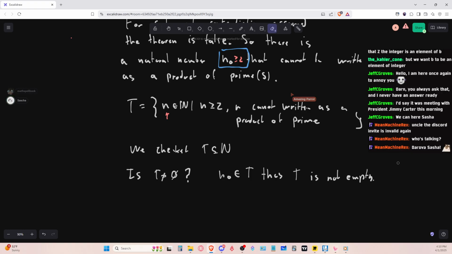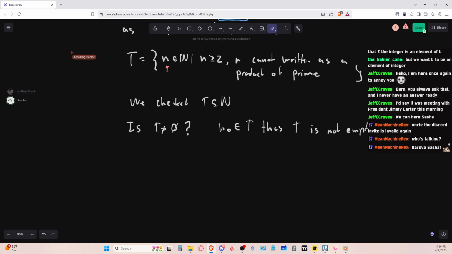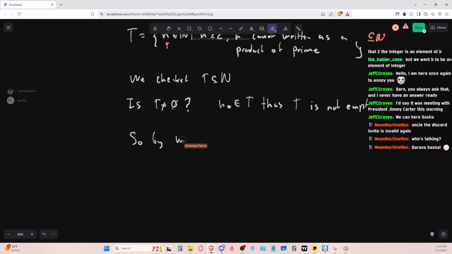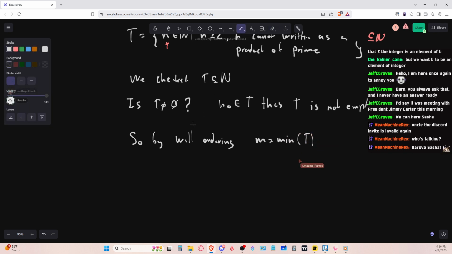Okay. So now that we established that T is a subset of the natural numbers and it's not empty, we can apply the well ordering of the natural numbers. By well ordering, T must admit some minimum, which we're going to call m.